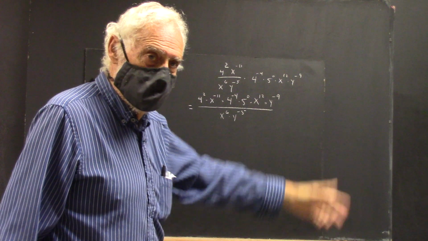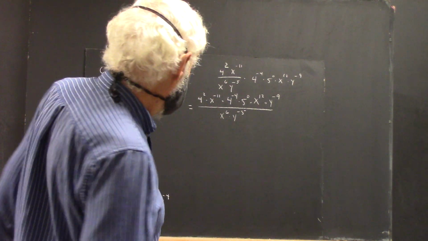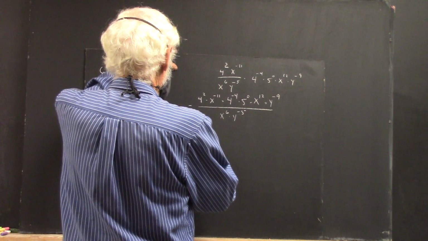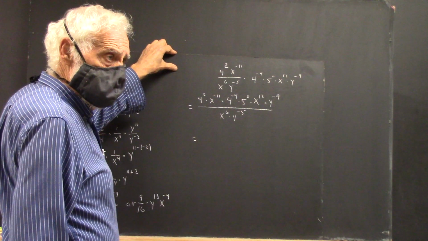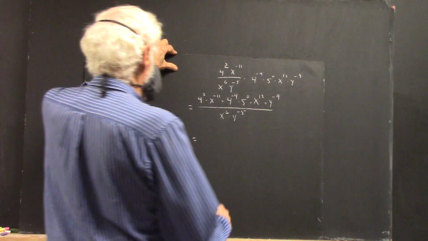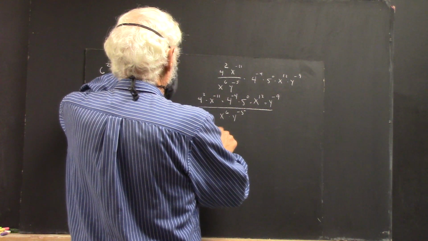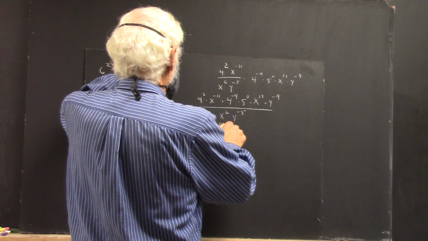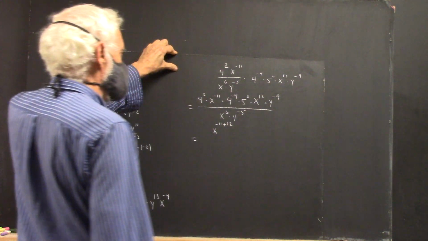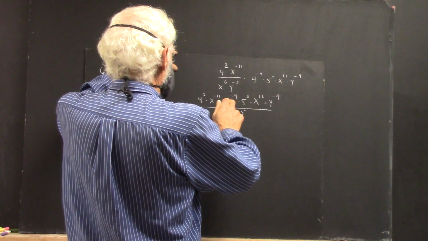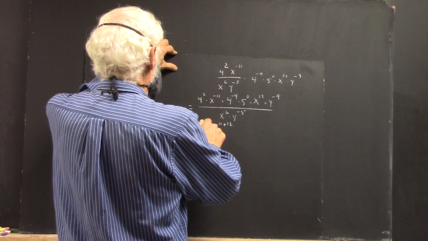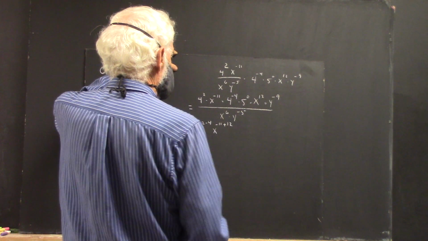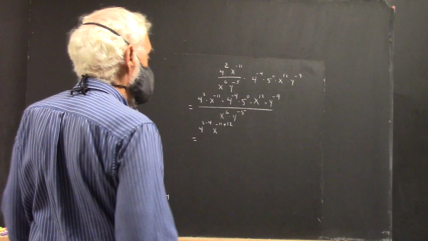There it is, kind of a mess. But now we can say, well, okay. In the numerator, we got an x to the negative 11th and x to the 12th, right? So we got x to negative 11 plus 12. We got a 4 squared times a 4 to the negative 4th, which is 4 to the 2 minus 4.